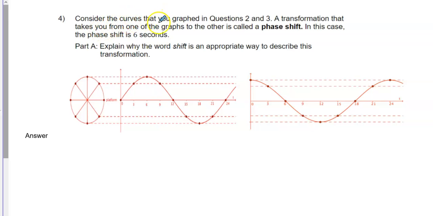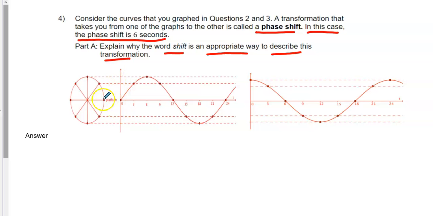Now, consider the curves that you plotted in question 2 and 3. A transformation that takes you from one of the graphs to the other is called a phase shift. In this case, the phase shift is 6 seconds. Explain why the word shift is an appropriate way to describe this transformation.